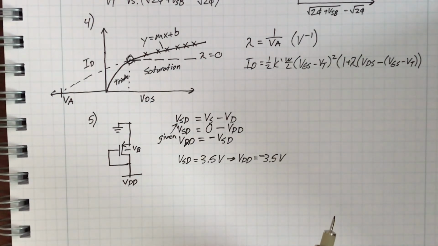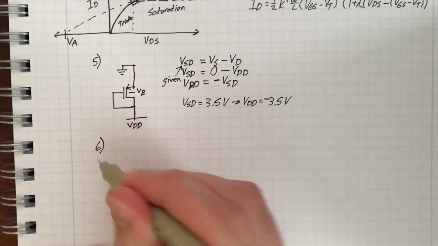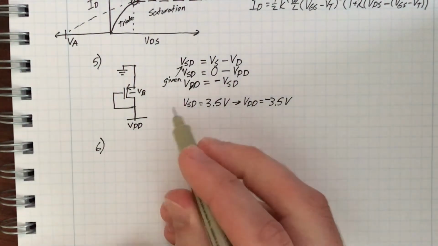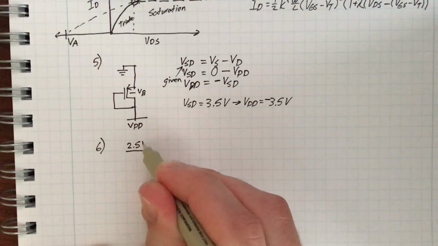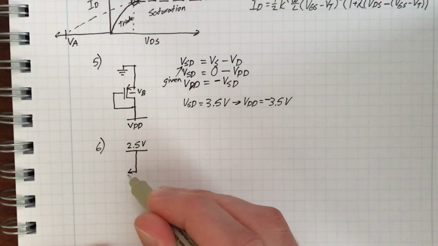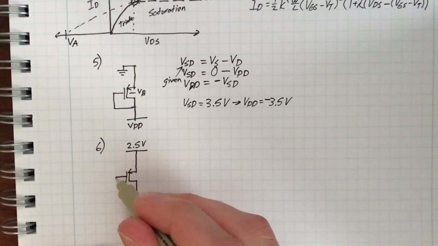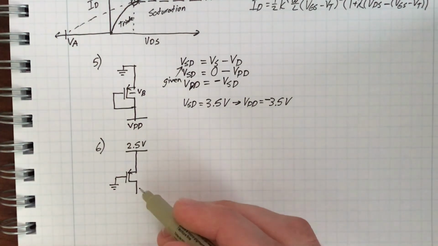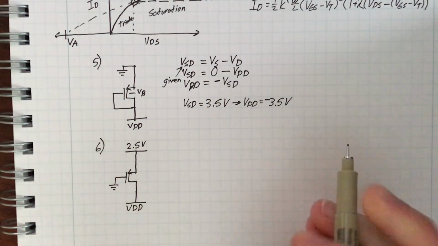The next part is pretty similar, but it's for the other PMOS circuit that we're going to build, and it's going to follow the same type of methodology. So let's draw that first. 2.5 volts on the source. We're going to apply a gate voltage that is ground, and we have VDD on the drain here.